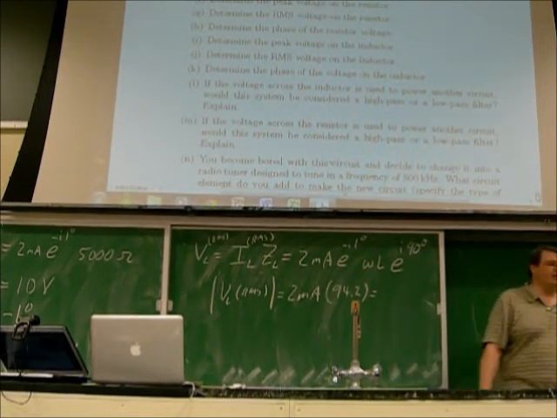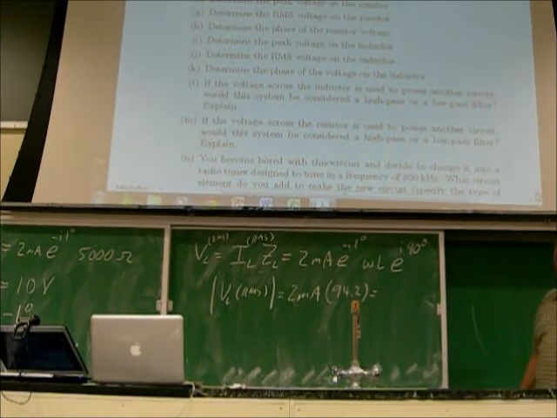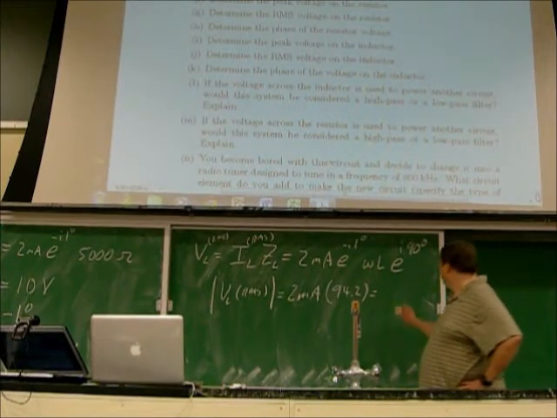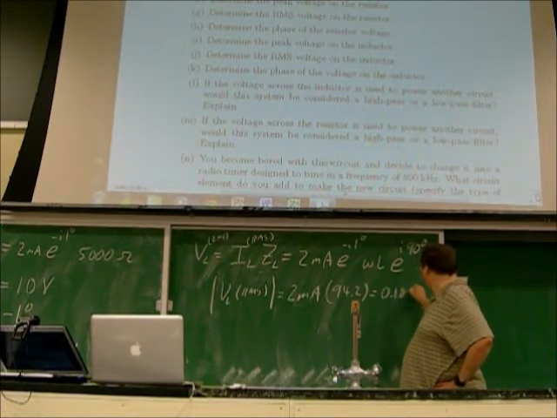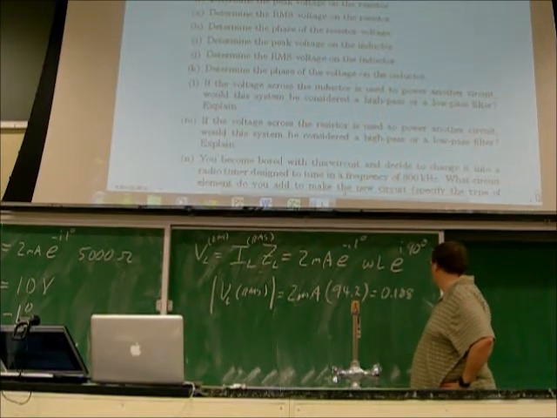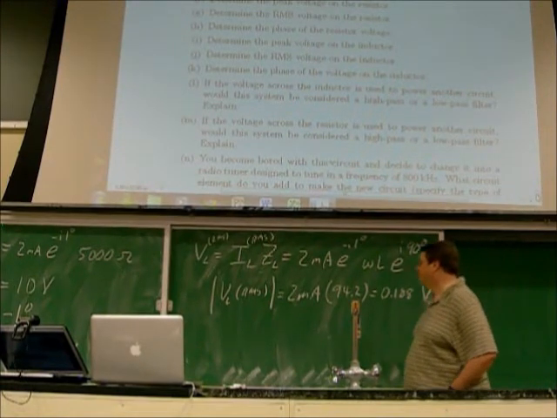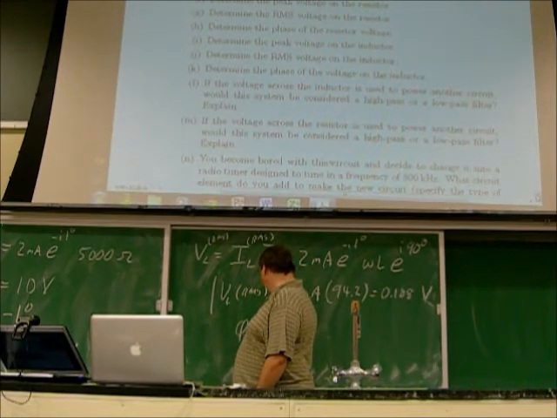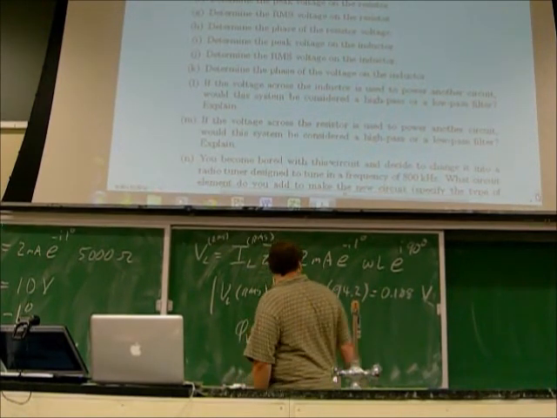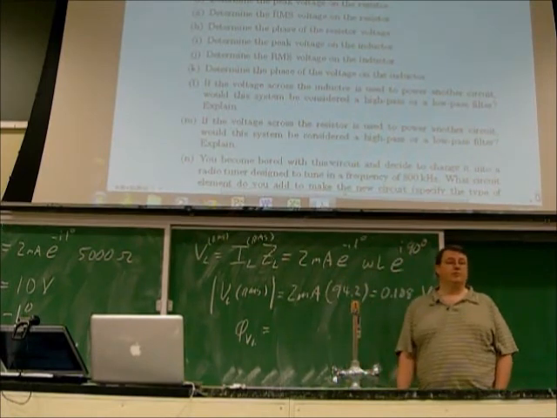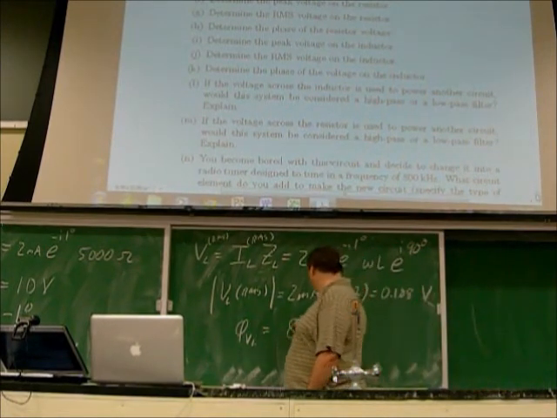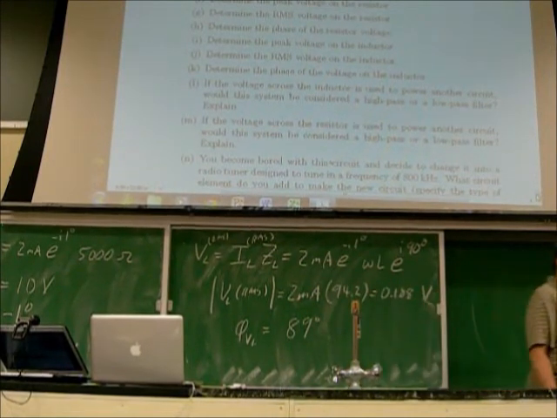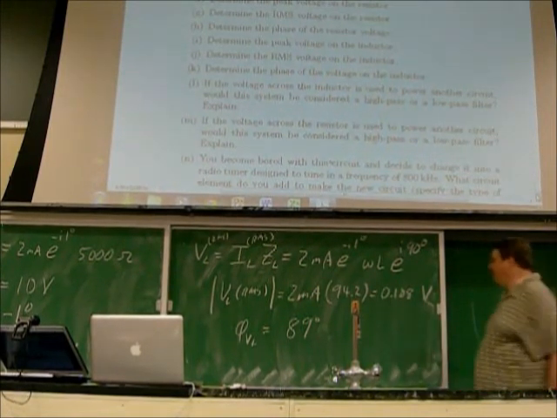So how much voltage on the inductor? 188.4. Phase of the voltage on the inductor is? And the peak value?